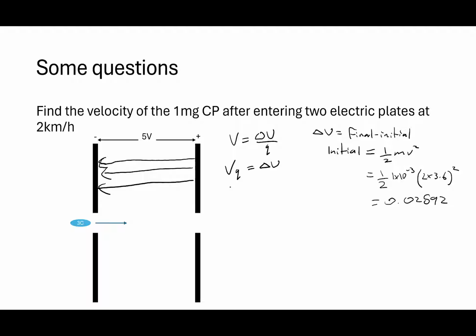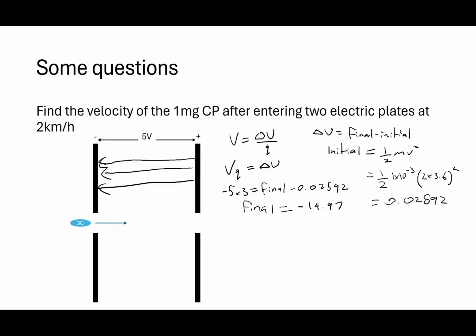So we have negative 5 times 3 equals final minus 0.02592. So the final is equal to negative 14.97.